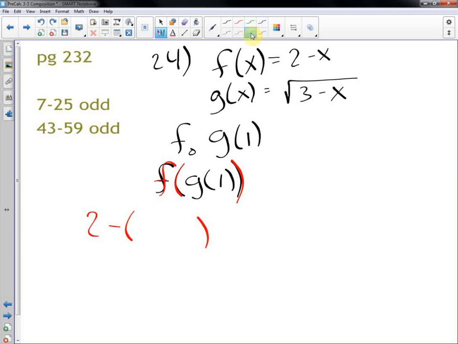On the inside, I'm going to write g of, parentheses, square root 3 minus, what's that inside parenthesis there? 1. And now we need to solve our math, right? 3 minus 1 is 2. And then we'd have 2 minus the square root of 2, right, which would be some decimal if you want to round.